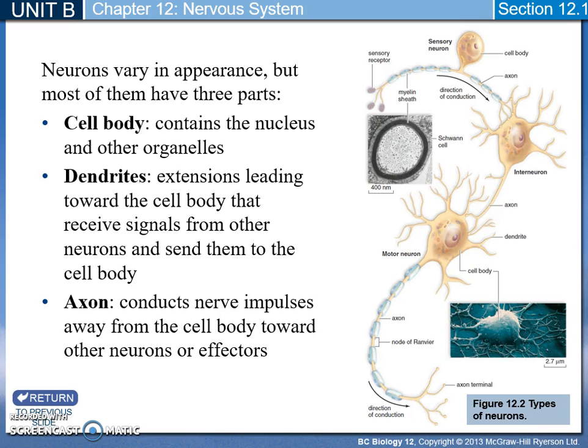Then we have the dendrites. These are the extensions that lead toward the cell body and receive signals from other neurons, and then they send these signals into the cell body. And then we have the axon, and the axon conducts nerve impulses away from the cell body toward other neurons or effectors.